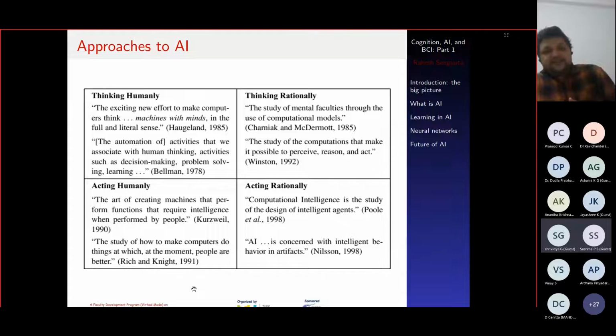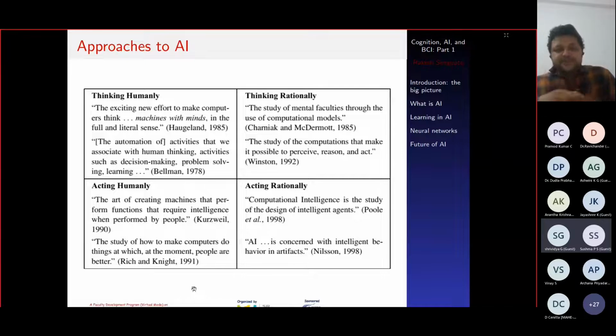There they talk about, when we talk about AI, we can think of these four quadrants based on thinking versus acting: thinking humanly versus thinking rationally, acting humanly versus acting rationally. So there are two different axes, whether you're thinking or whether you're acting, and two different ways of making that happen. Are you going to go about it rationally, or are you going to go about it humanly?